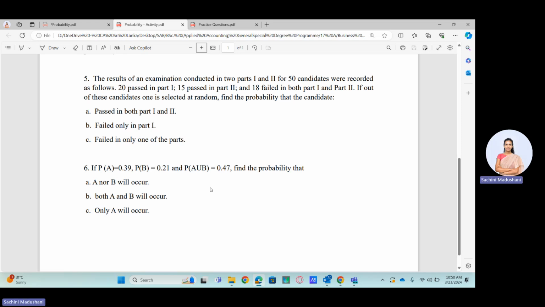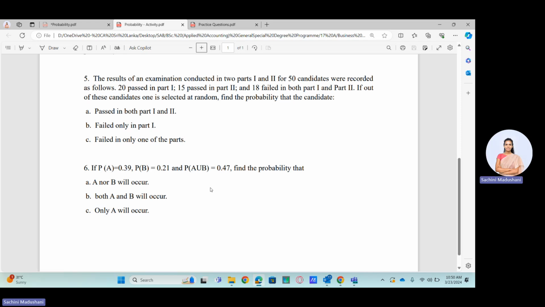The other one says 18 failed both, so these 18 candidates cannot be included in these two circles, because the circles represent only passed candidates. We write it outside.